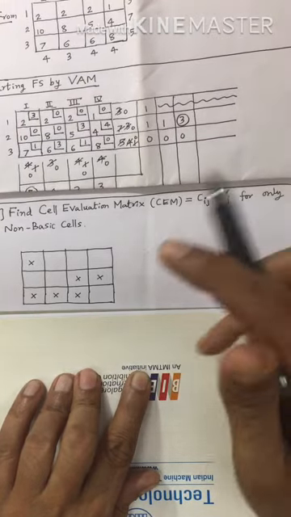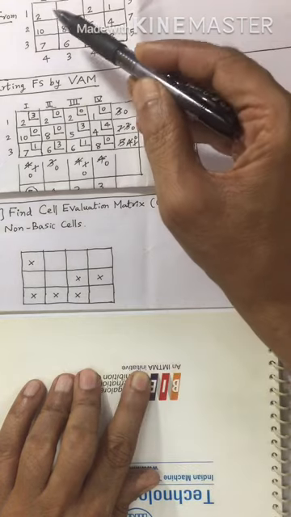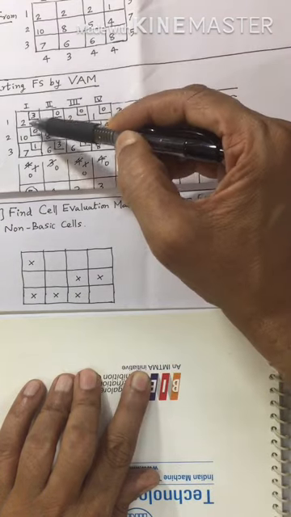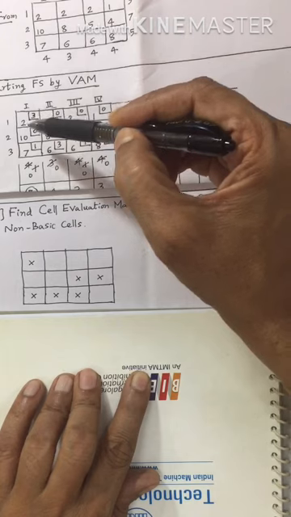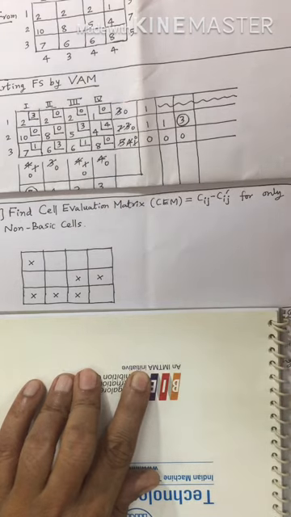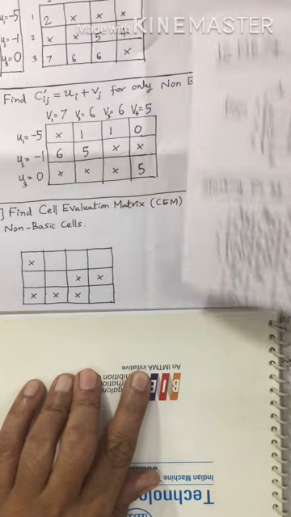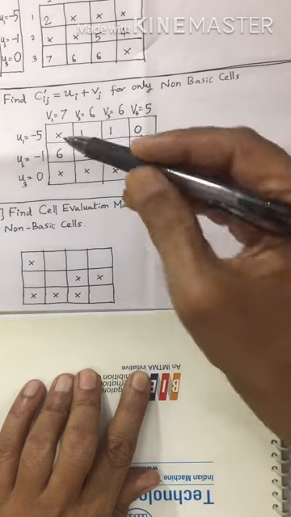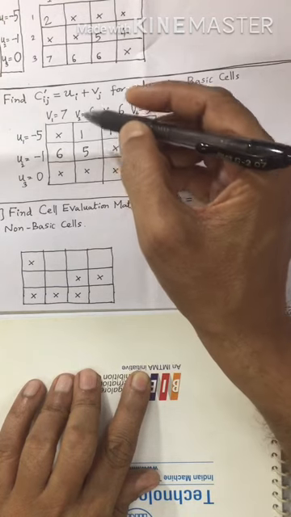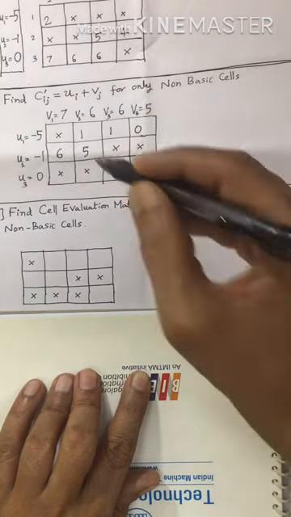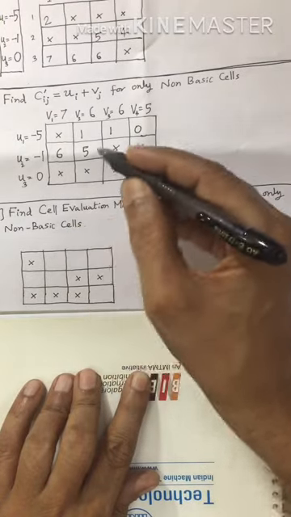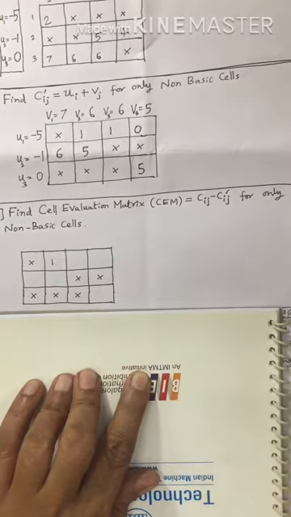So just for your reference, I shall bring it back. And what is C12? C12 is available here, this 2. C12 minus C12 dash. C12 dash is 1. So 2 minus 1, that is nothing but 1.